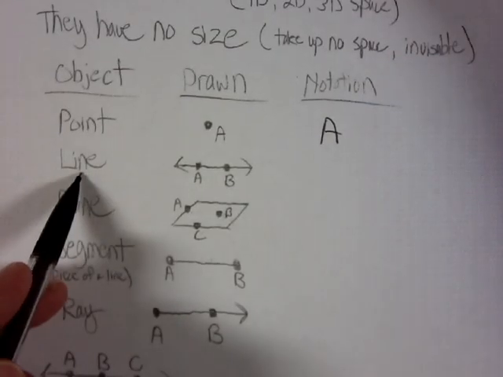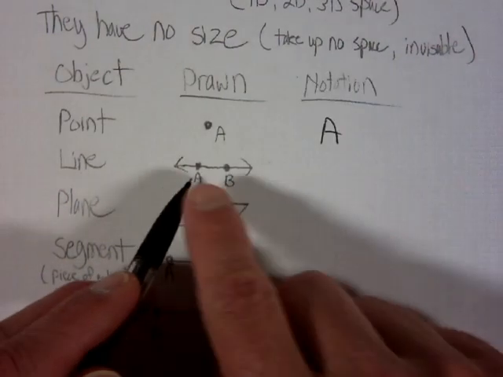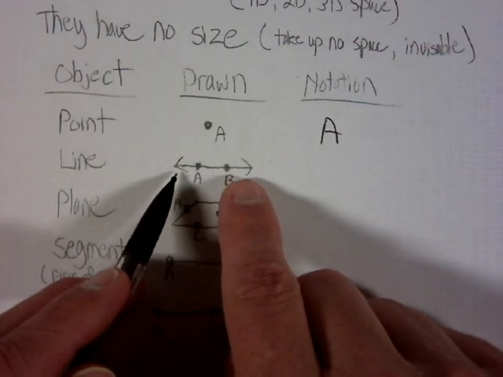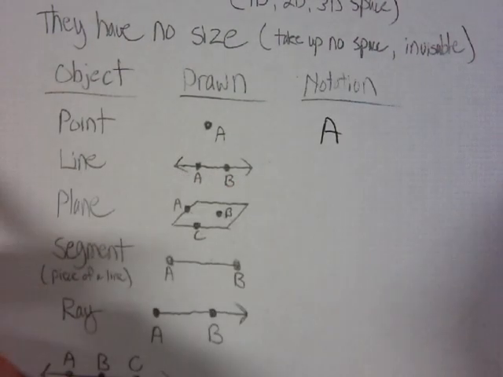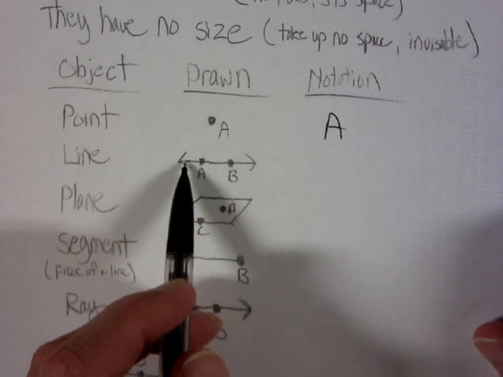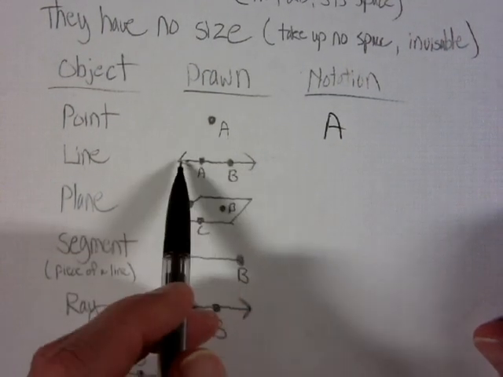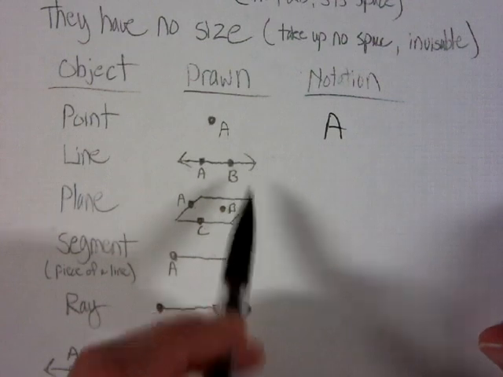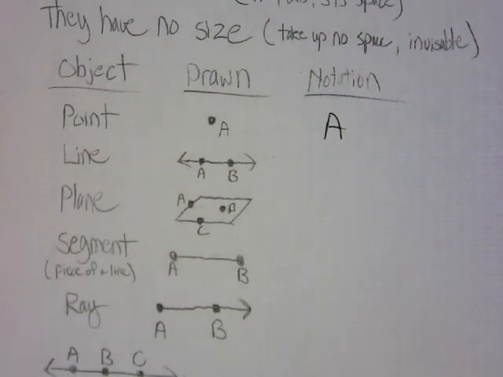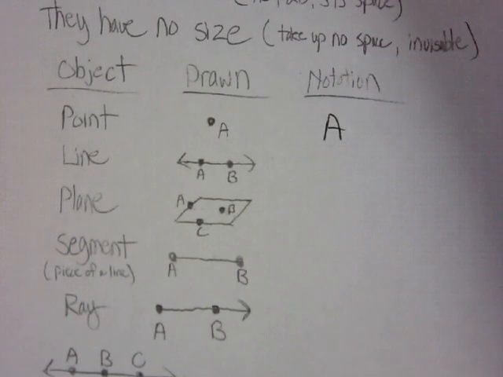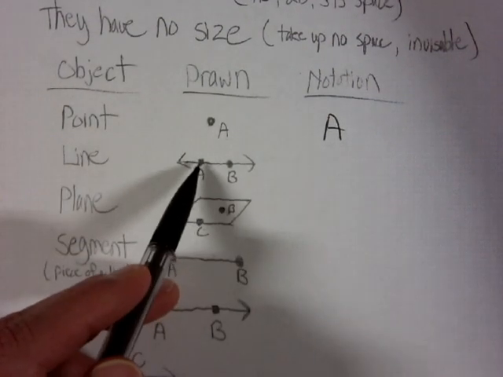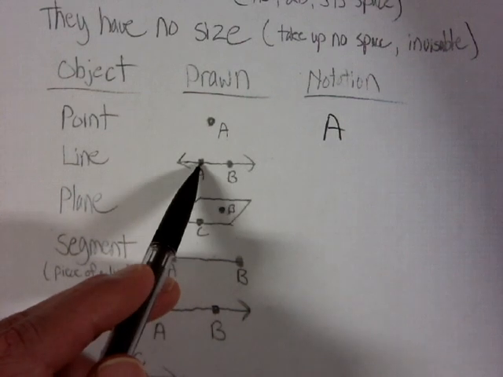A line. A line is an object that extends indefinitely, meaning it keeps going in two directions. This is how a line is drawn. You draw it, and then you put an arrow on each end to signify that the line continues without end. Now, the way you name a line in geometry is you use 2 points that are labeled on the line.